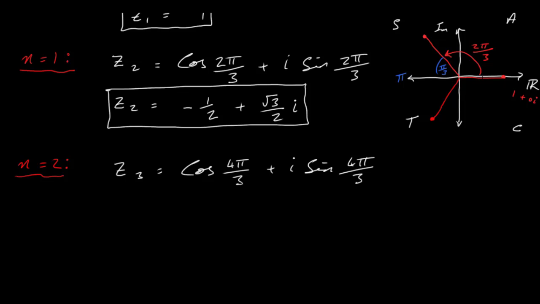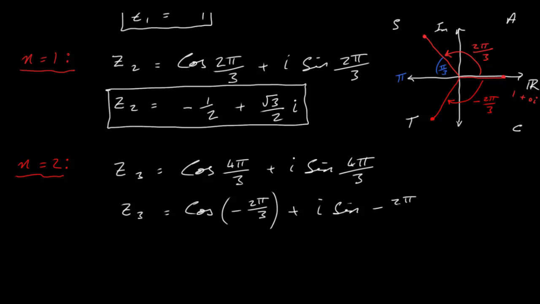In other words, this angle here is minus 2 pi over 3, or all the way around here would be 4 pi over 3. So let's just rewrite this as z3 is equal to the cosine of minus 2 pi over 3 plus i sine minus 2 pi over 3.